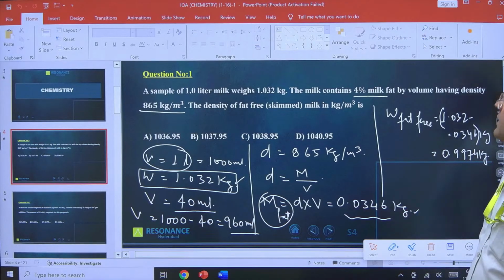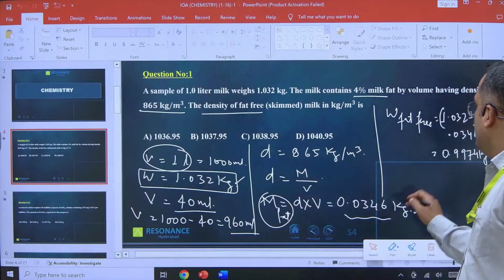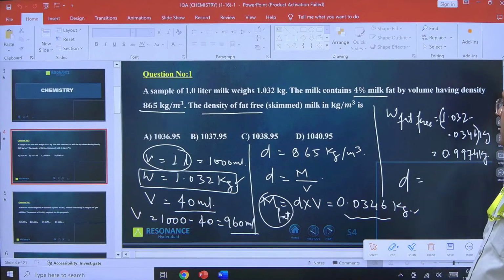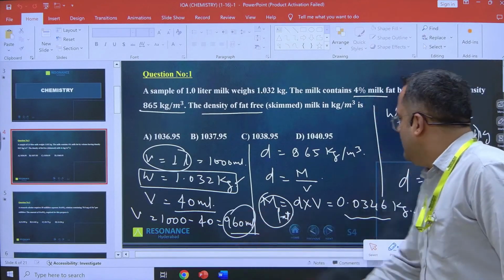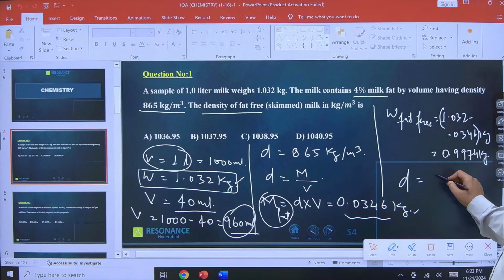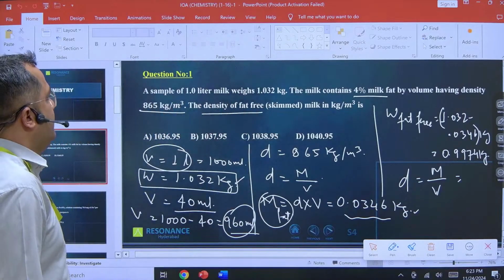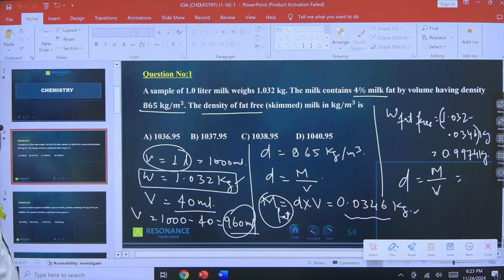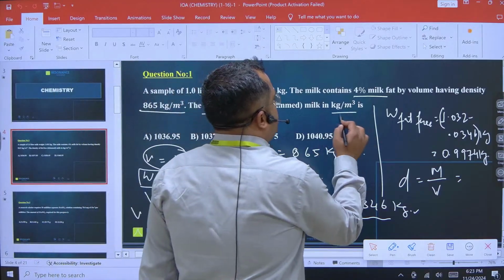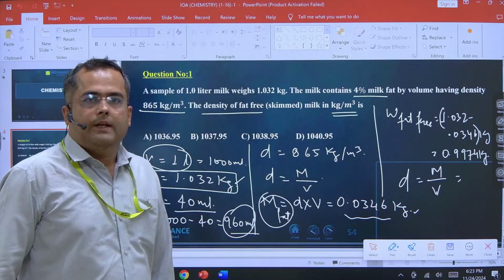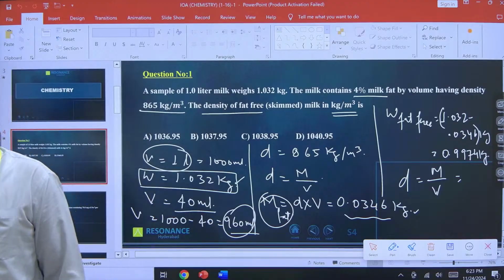So what is asked? Density of fat free milk. Density is equal to mass upon volume. We have calculated the volume, we have calculated the mass. If we calculate that, then we can calculate the density of fat free milk or skimmed milk in kg per, we have to see its unit also. It is written here kg per meter cube.